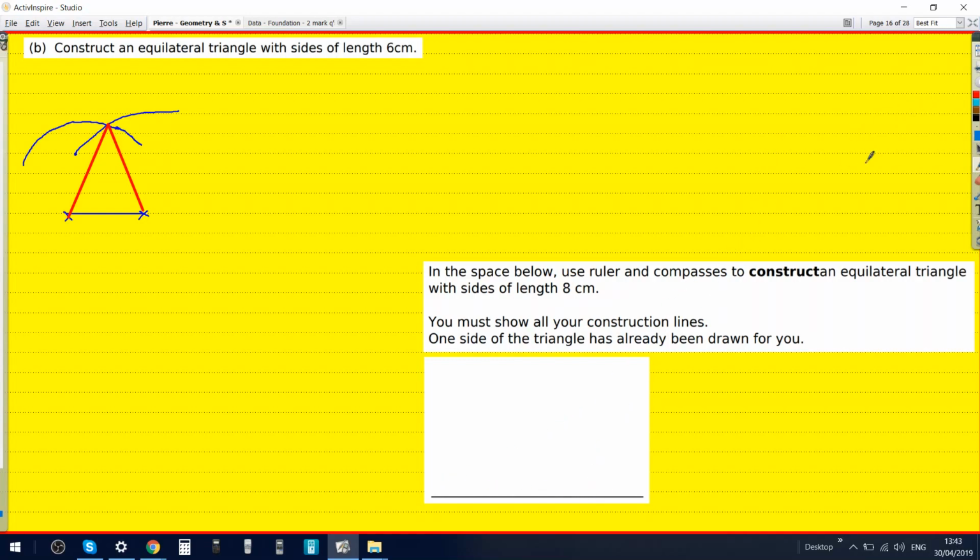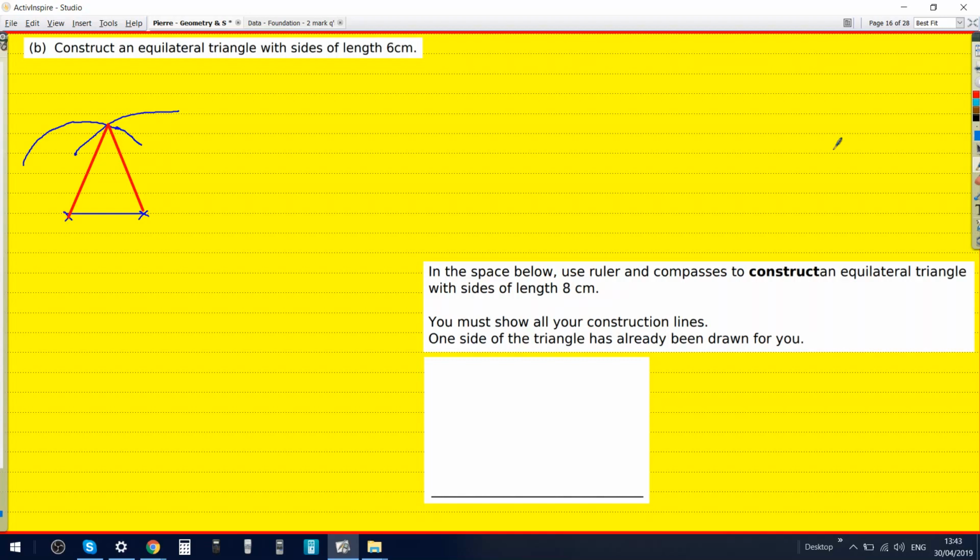So you have the pencil and the compass, it's a pair of compasses, and just ensure that the gap is 8 centimeters. You'd use your ruler to make it 8 centimeters.